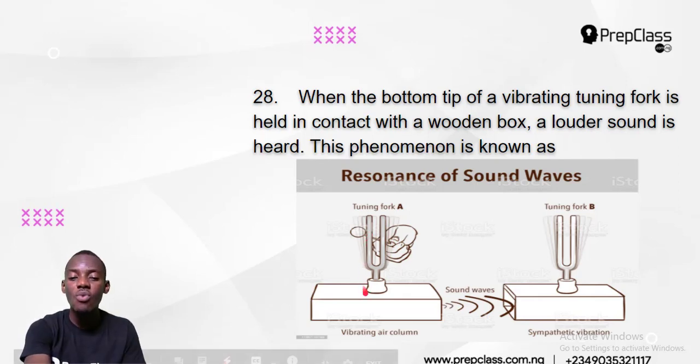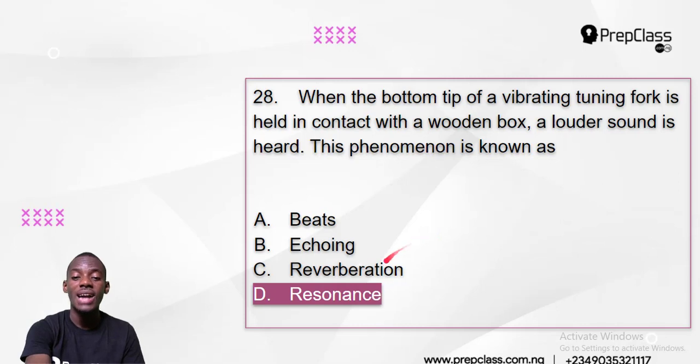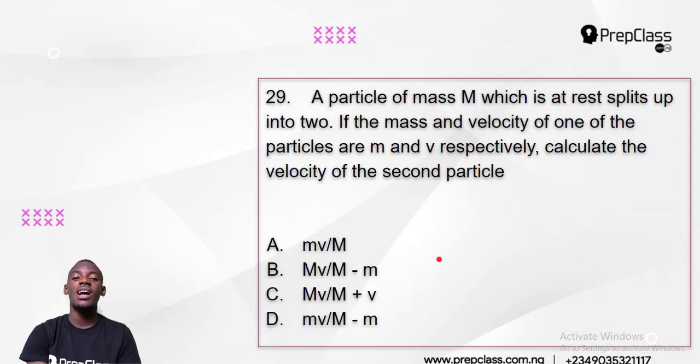The vibration is transmitted by sound wave to this box, and when this box gets it, it transmits the same frequency into this tuning fork. This phenomenon is called resonance in physics, and that makes the answer resonance. And that's number 28. Let's check out number 29.